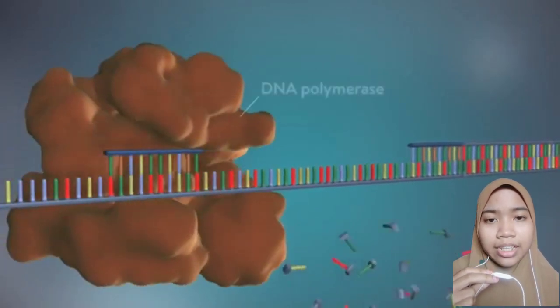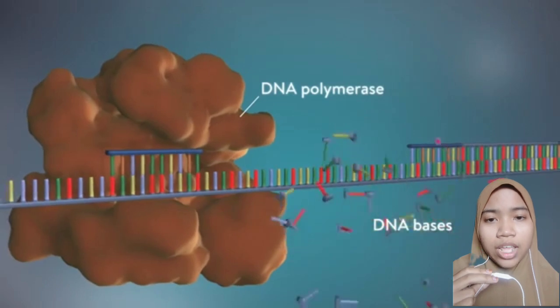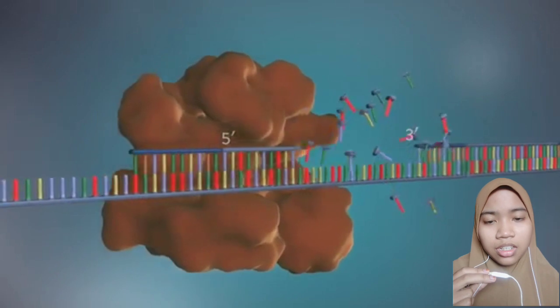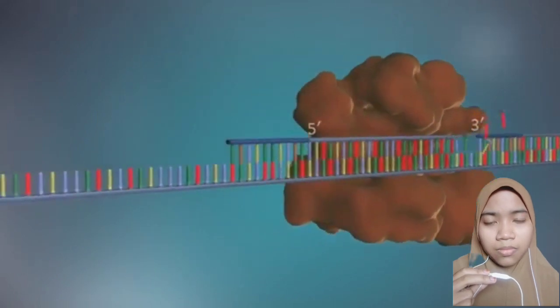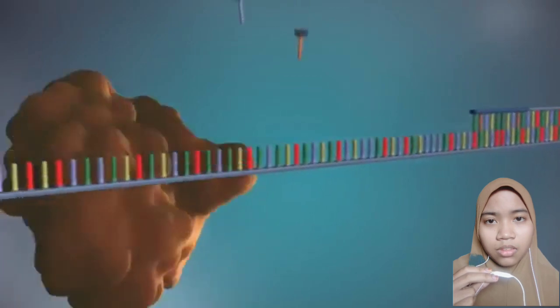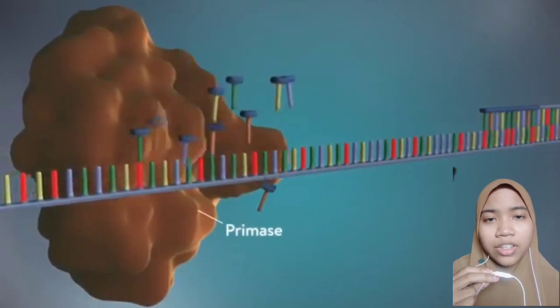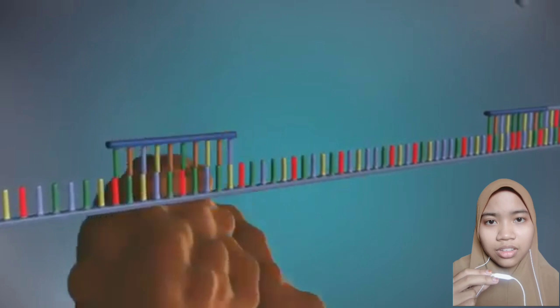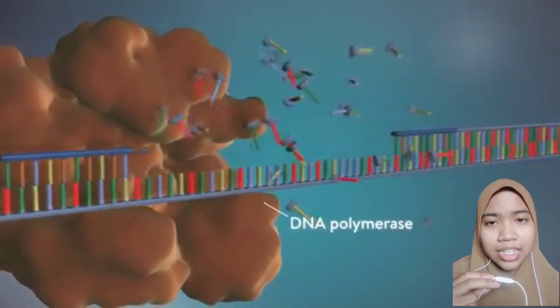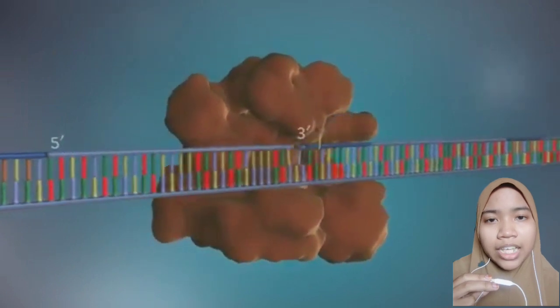DNA polymerase then adds a short row of DNA bases in the 5' to 3' direction. The next primer is then added further down the lagging strand. Another Okazaki fragment is then made and the process is repeated again.